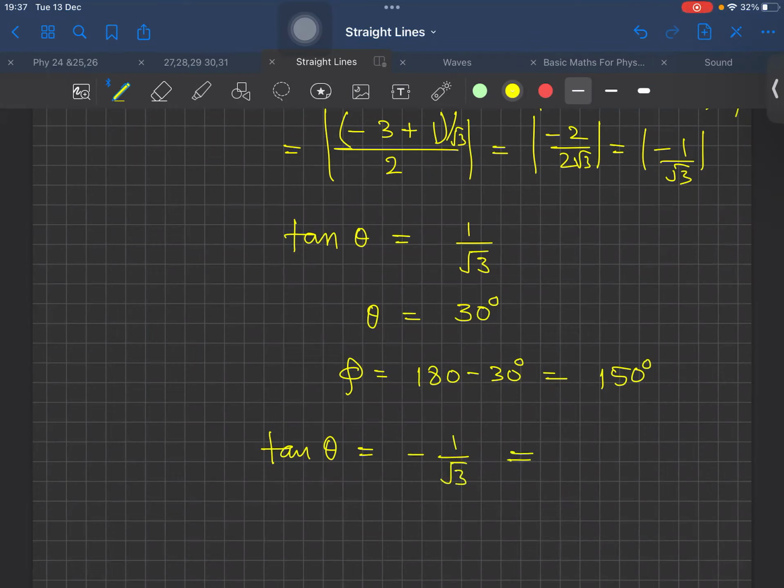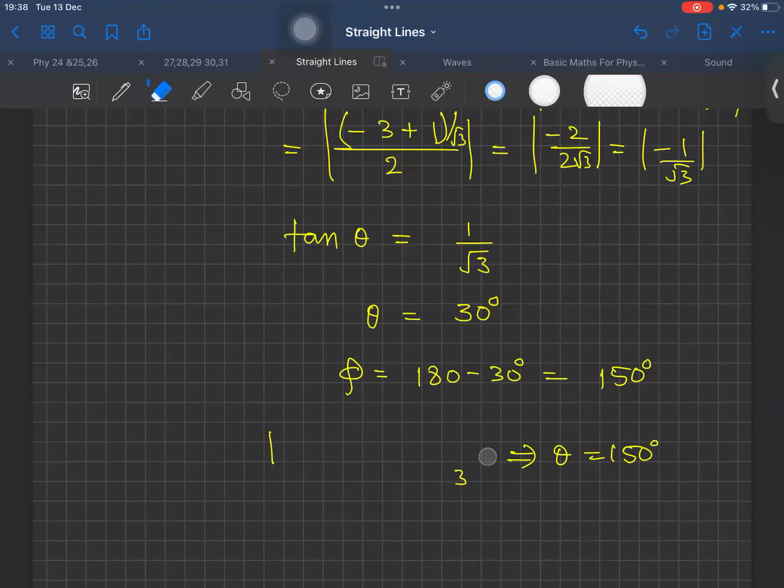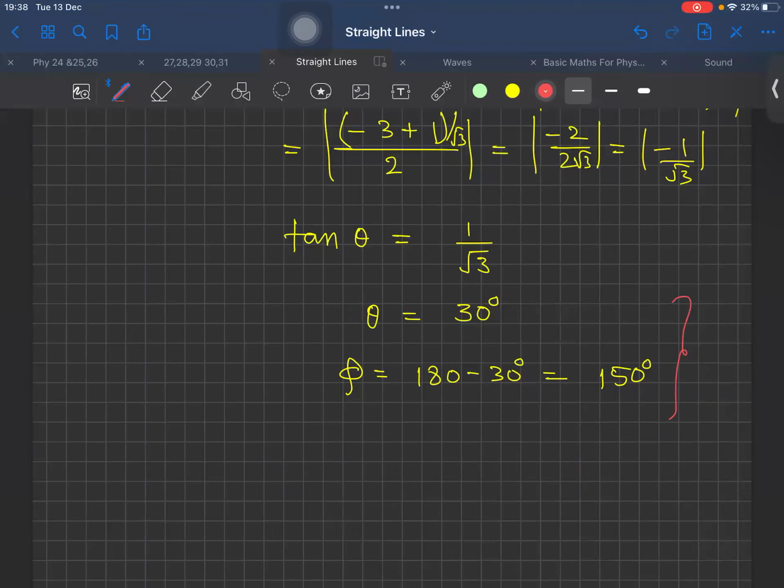So that means theta you will get 150 degree directly. So both are correct only. It doesn't matter which acute angle or obtuse angle you are finding. Okay, but we solve like this method. Always put a modulus sign. Got it?